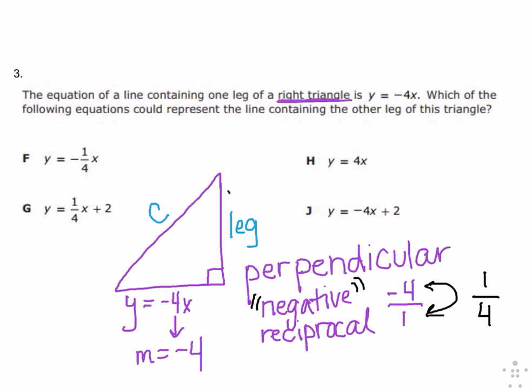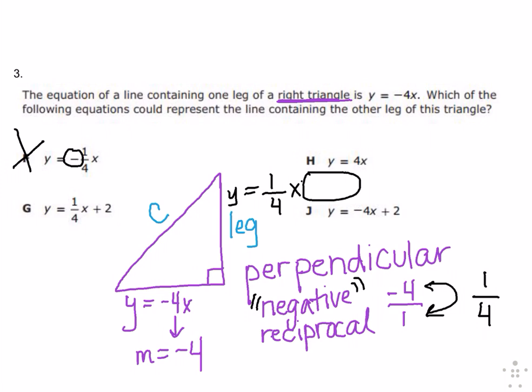So this equation has to be y equals the slope 1/4 x, and then we don't really know what the y-intercept would be. If we look at the different answer choices that we have, we know that F doesn't work because F made it negative, and it won't be negative.